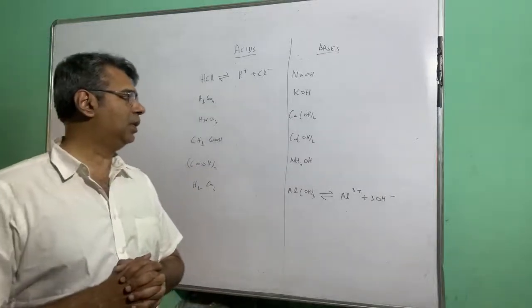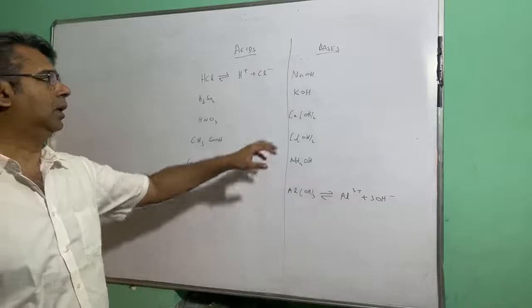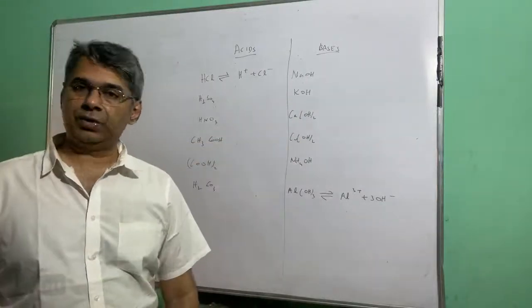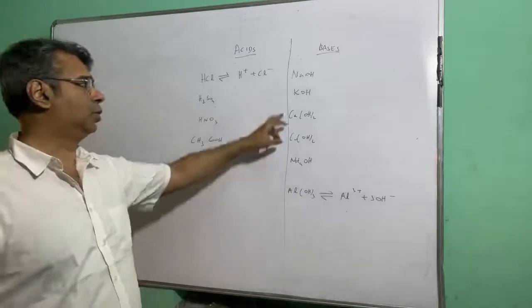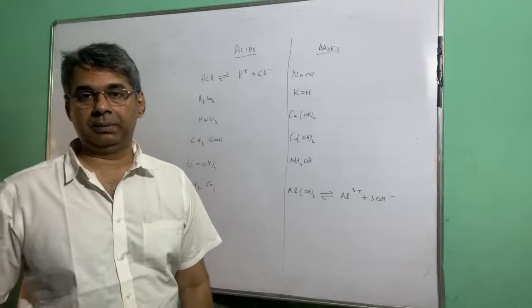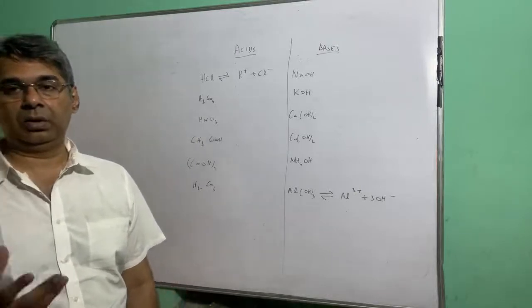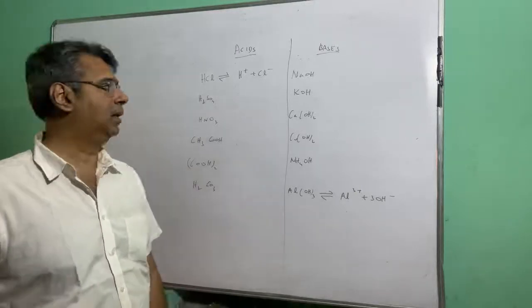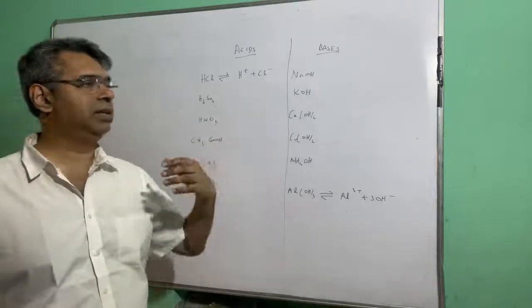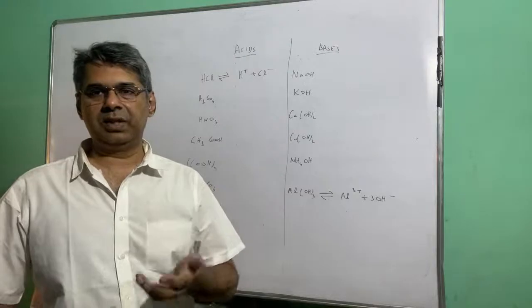By the way, just for your information, sodium hydroxide, potassium hydroxide, and calcium hydroxide are strong. Sodium and potassium hydroxide are very strong. They are called caustic bases. Acids are generally sour, bases are generally bitter.